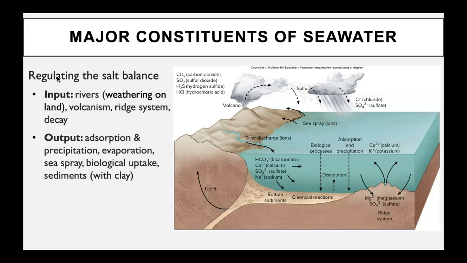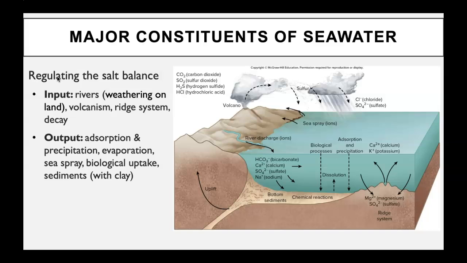The mid-ocean ridge system and that exchange of water at the mid-ocean ridges. I mentioned metasomatism, different metamorphic processes in hot rocks occurring, and there's going to be an ion exchange there. There also is the decay of rotting organic material. So that would put ions into the water.